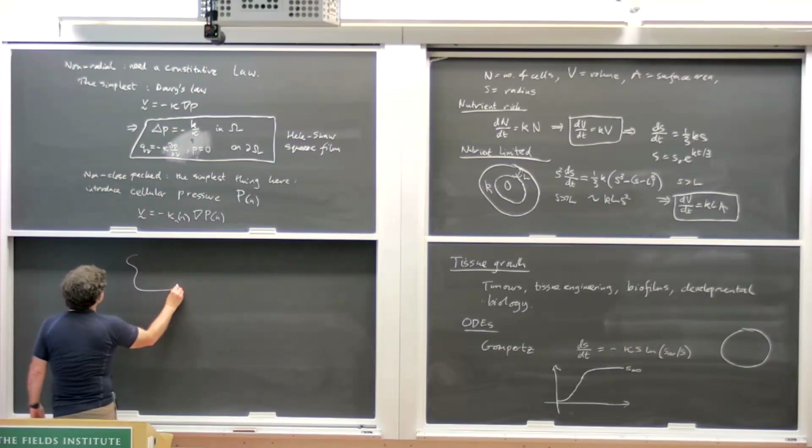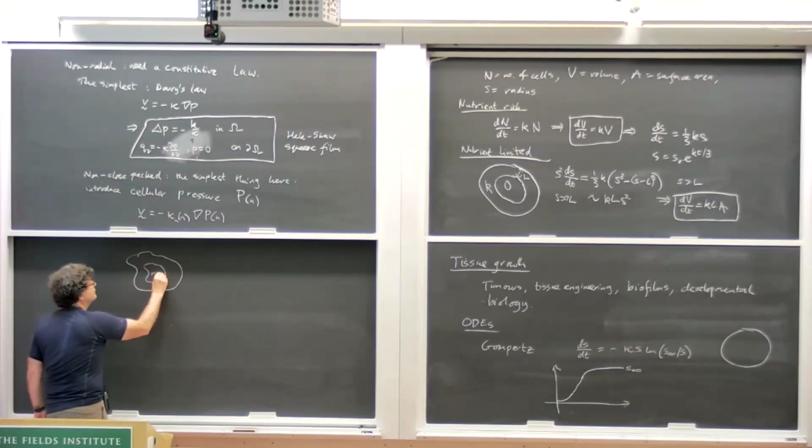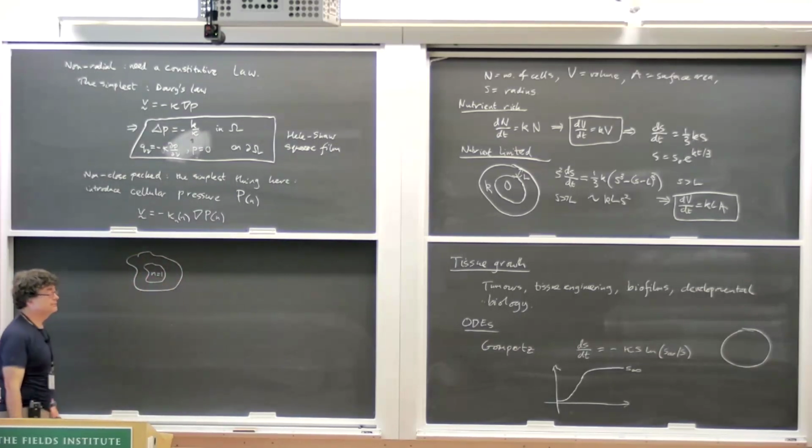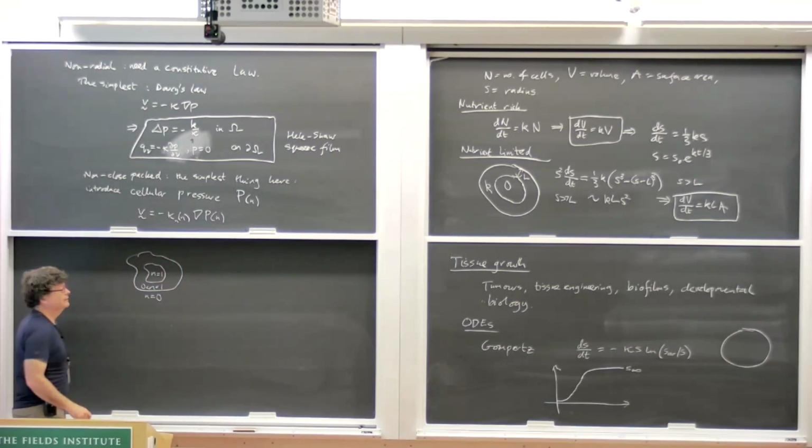So now here's our tissue again. I'm going to start with the stuff not being close packed, but because of cell division, plausibly it will become close packed in the middle. n is going to be between 0 and 1 in the surrounding region, and n is still 0 outside. So that's representative of the setup.